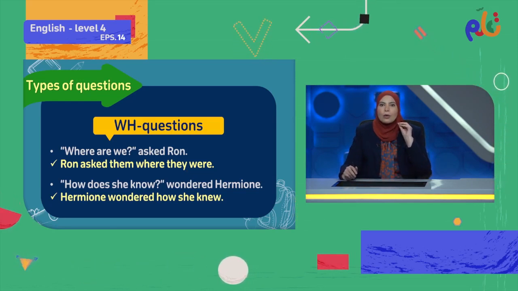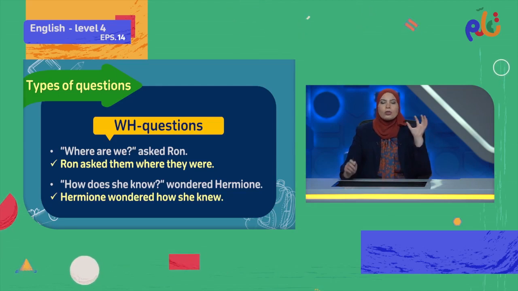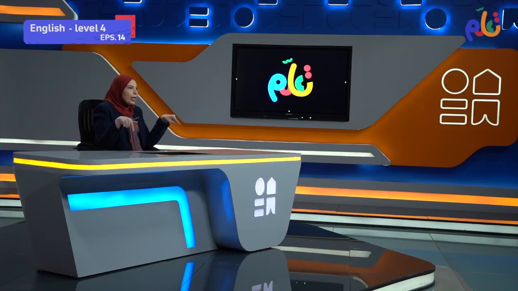Basically, we're removing the question format. The question format in which we add an extra helping verb or in which we invert the subject in the place of the verb, all these things we remove, and we go back to the normal sentence format.